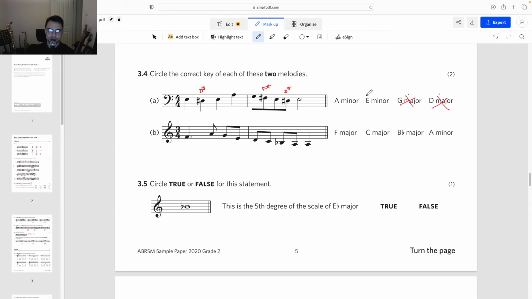So now we're into the minor keys. Let's think about the 3 types of scales that you've got to play for your exams. You've got the natural minor, the melodic minor, and the harmonic minor. Do these notes fit the criteria of any of those minor scales?